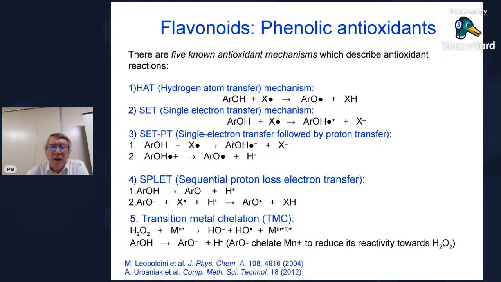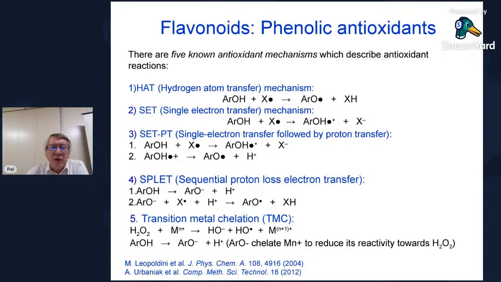Now it's a protonated form of the previous form, which once again, due to the delocalization, represents a much more stable species than the original small molecule radical.